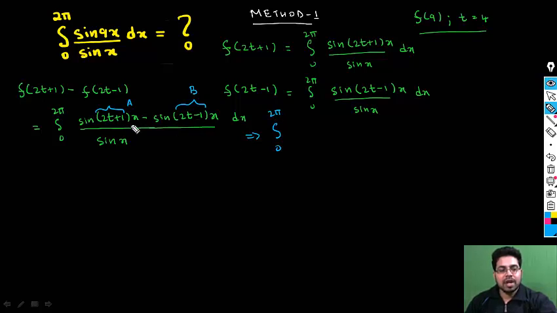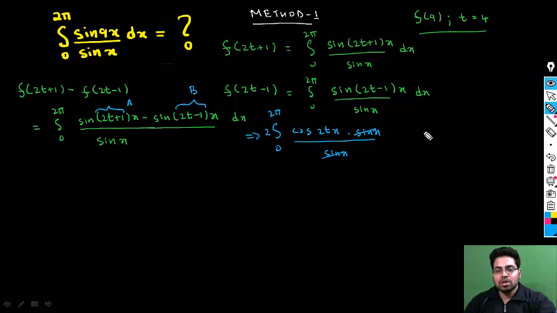I will use the formula of sine a minus sine b, that means 2 cos of (a plus b) by 2, that will give me cos 2tx, into sine of (a minus b) by 2, which will give me sine x, and in the denominator also I am having sine x. So these two will get cancelled. Here now I need to evaluate cos 2tx.